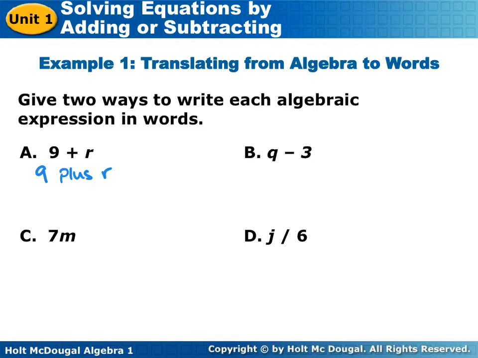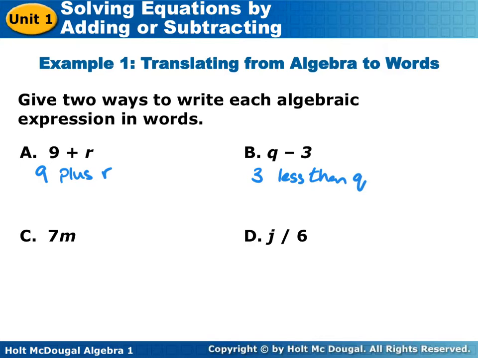So if you wanted to write this, you would say 3 less than Q. That really means Q minus 3. So when you use the words less than, the order of whatever it is has to switch. Okay? That's the big thing there.